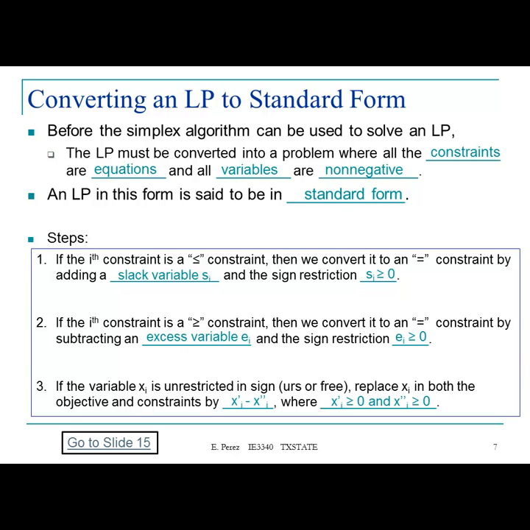We're going to see how this applies with some examples. So three different cases: one for constraints with less than or equal, one for constraints that have greater or equal, and then the case in which you have unrestricted sign for your decision variables.